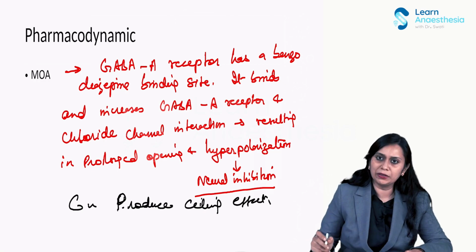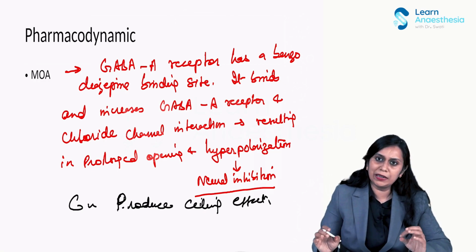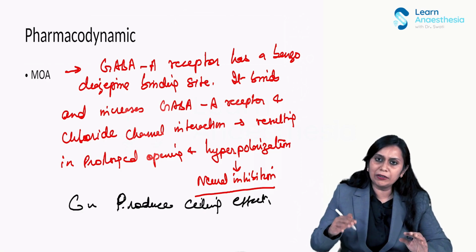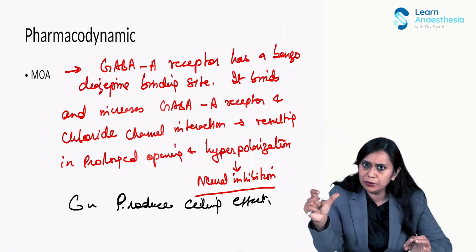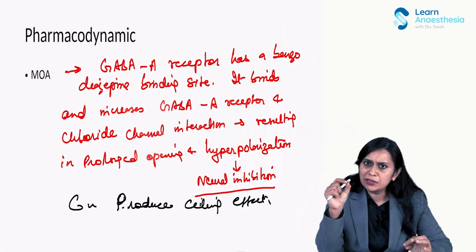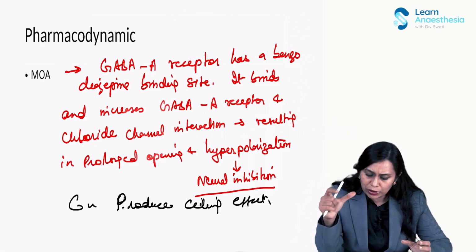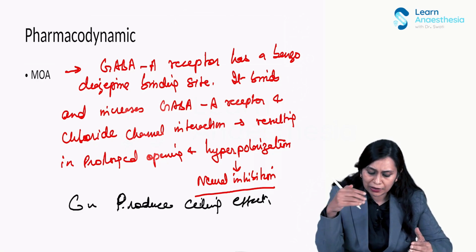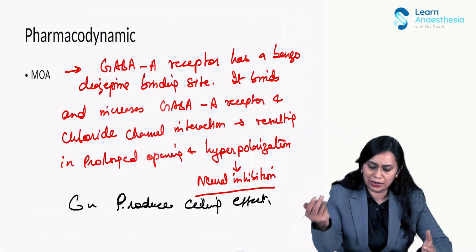If whatever dose we give is occupying only 30 to 40% of the benzodiazepine site on the GABA A channel, then it will only produce sedation. And if it is occupying only 20%, then it will only produce anxiolysis.